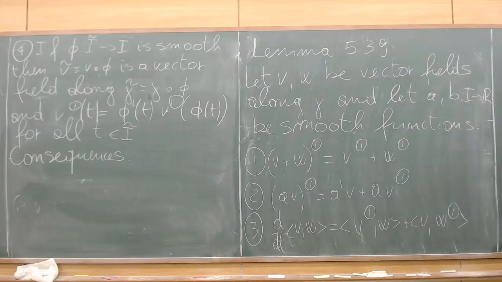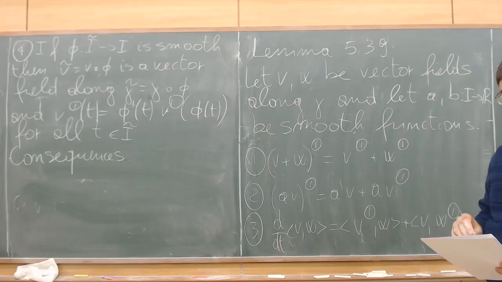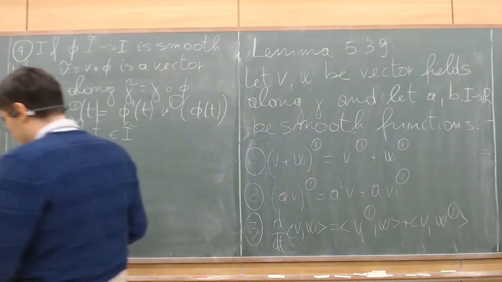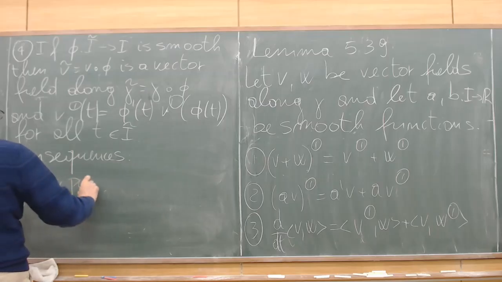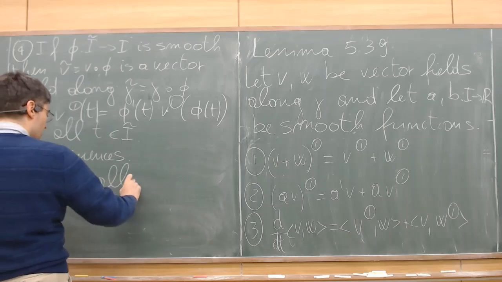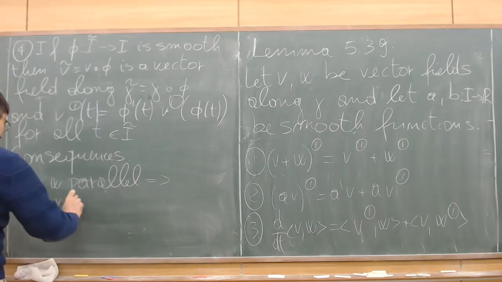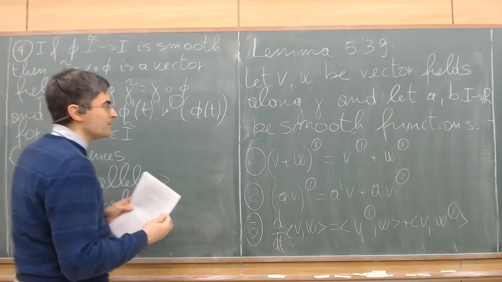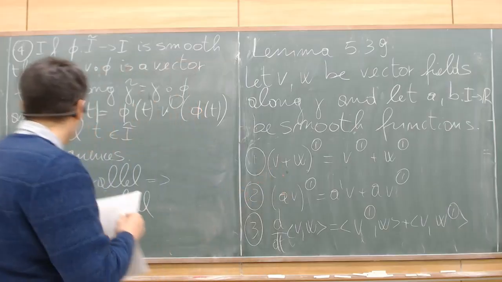A vector field is parallel if V O prime is 0 everywhere. So one, V, W parallel imply V plus W parallel. Why? Because if this is 0 and this is 0, the sum is 0.